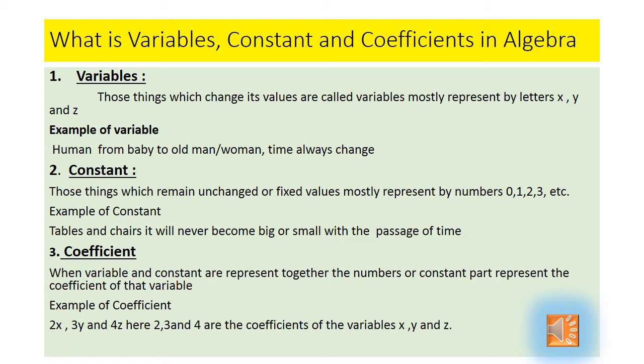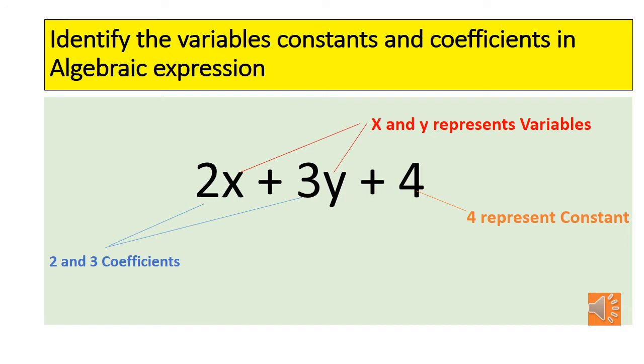So any number attached to a variable is called the coefficient of that variable. In the expression 2x plus 3y plus 4, x and y are variables, 2 and 3 attached to x and y are coefficients, and the 4 which is alone is the constant part of the algebraic expression.